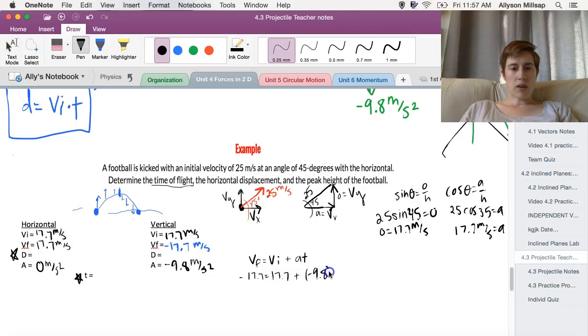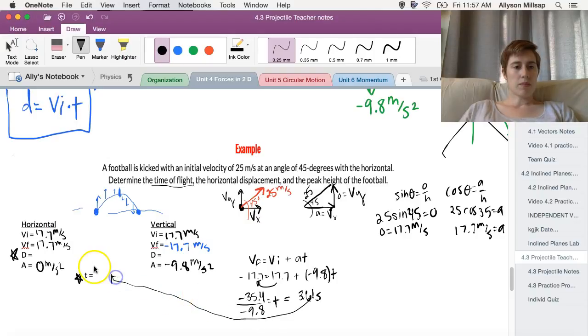A is negative 9.8, and we're looking for T. Let's move 17.7 to the other side. And when I do that, I get negative 35.4. And then let's divide by negative 9.8 to get T. When I do that, I get 3.61 seconds. So that's my time.